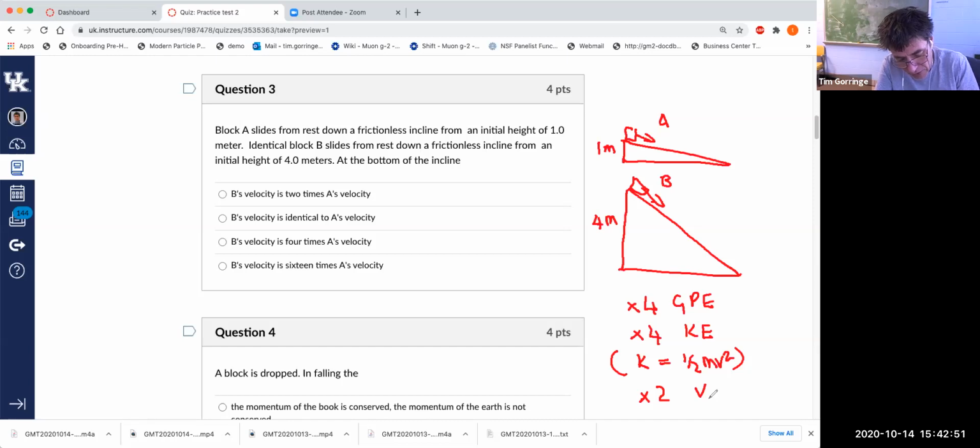If the speed is twice as big, then the speed squared is 4 times as big, and then the kinetic energy is 4 times as big. And the kinetic energy was 4 times as big because the original elevation was 4 times as big, meaning the original gravitational potential energy was 4 times as big. So the speed of B has to be 2 times A. This little guy here.